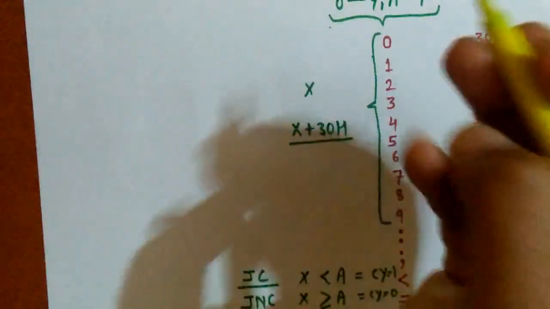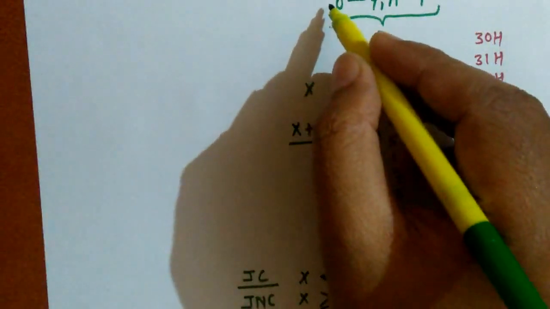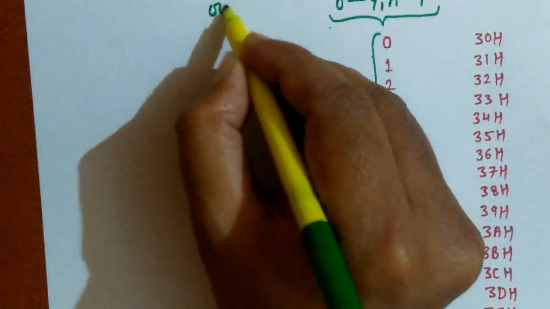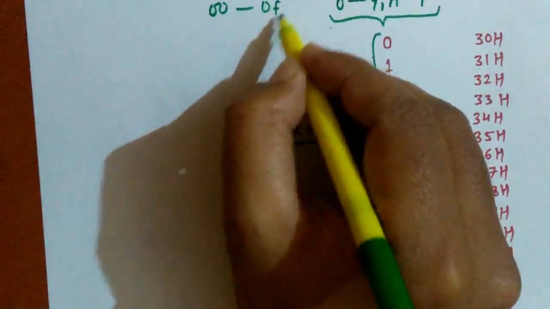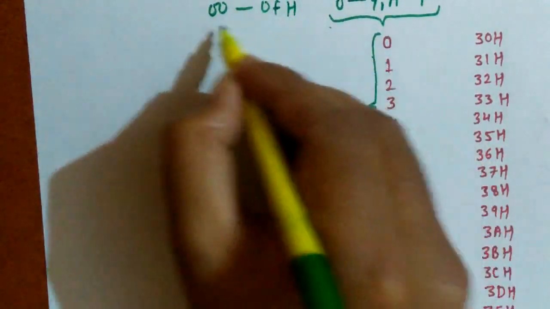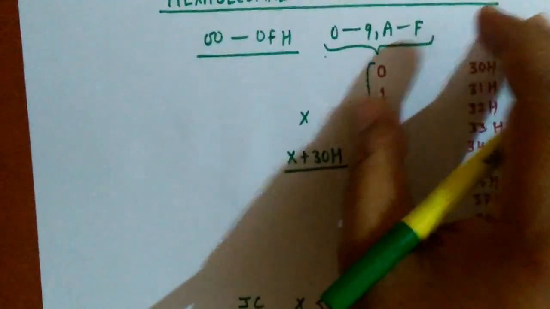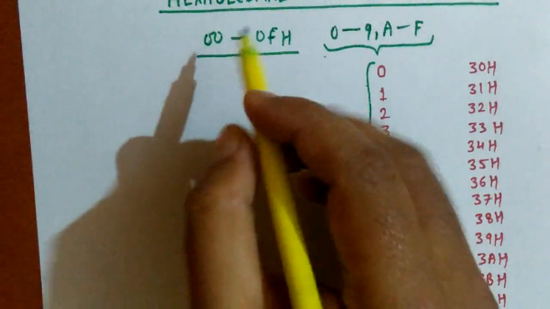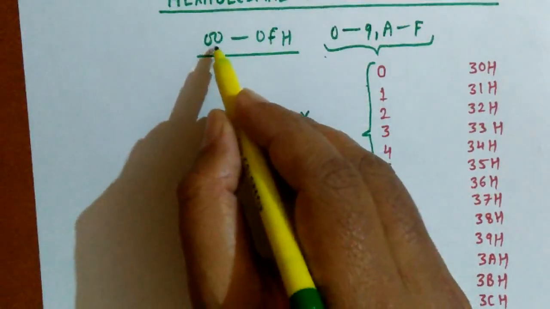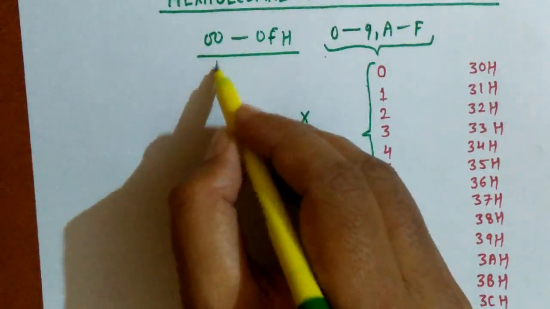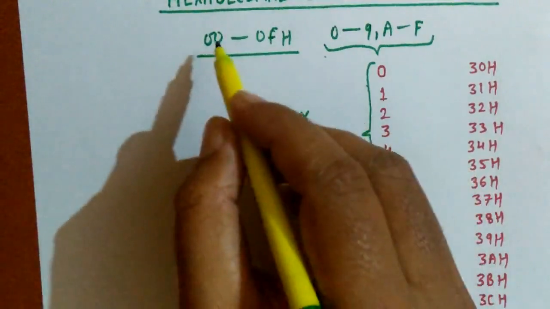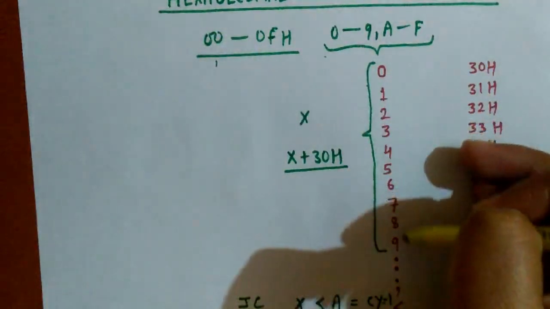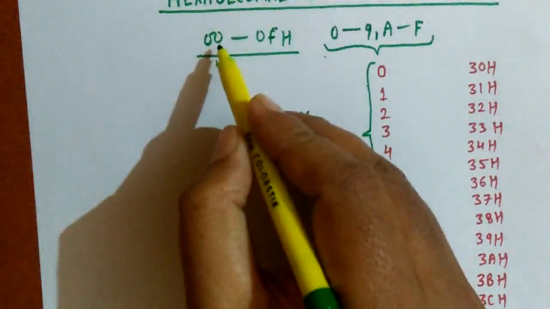So I am assuming that the user will give a number between 00 and 0FH. If the user gives a two-digit number like 3FH or 13H, then we would have to separate these digits, because here the number will be present only at the first place.